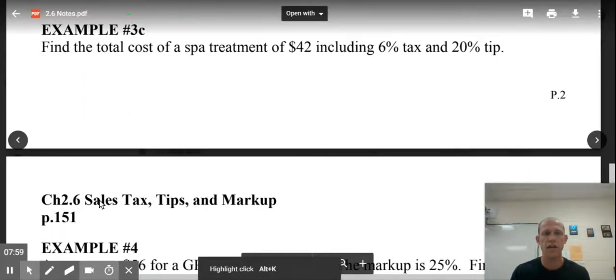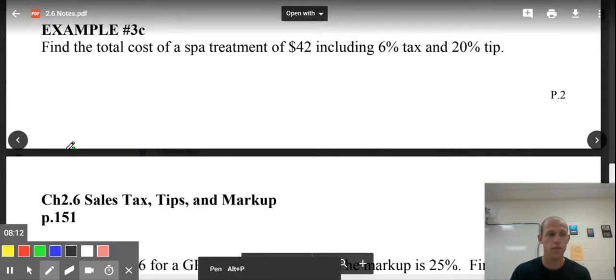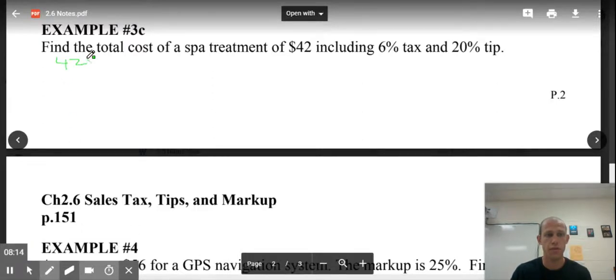Find the total cost of a spa treatment of $42, including 6% tax and 20% tip. This is another example where we have to be careful. Do the tax first, then do the tip. So I will take 42 times 6% as a number and get 2.52. I will add that on to the original and get 44.52. So this was the tax.